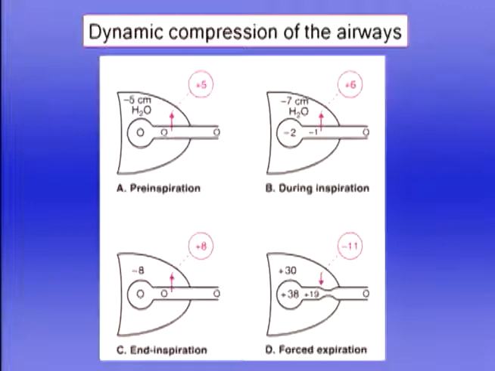The lung is more compliant because of the destruction of the architecture of the lung. And so that pressure difference is less, and so dynamic compression is more of a problem. And finally, the airways are not held open by the radial traction of the lung parenchyma around them as they normally are, and therefore they're more liable to collapse.